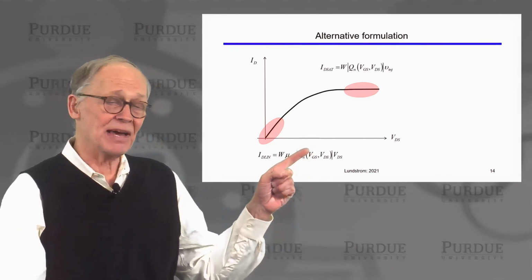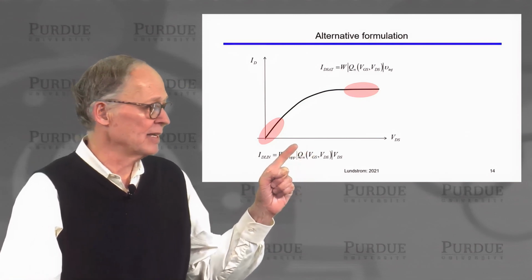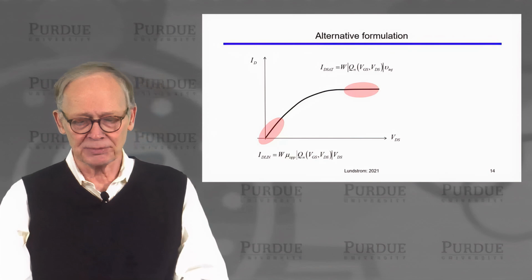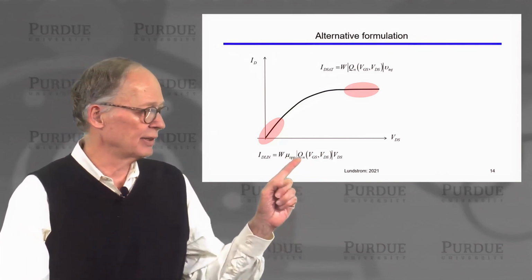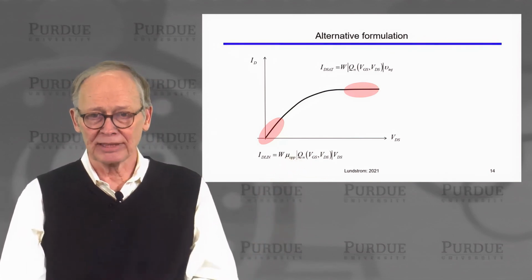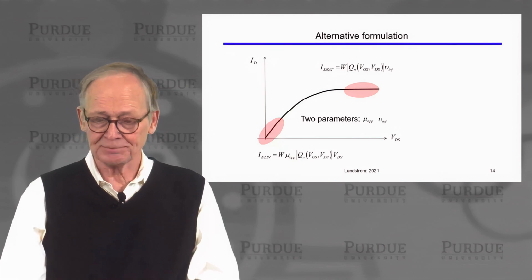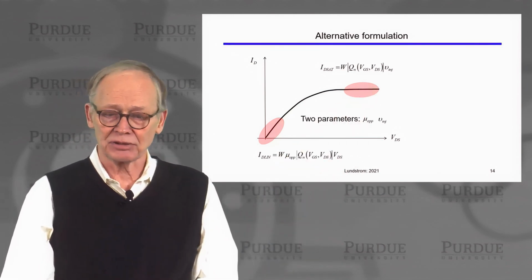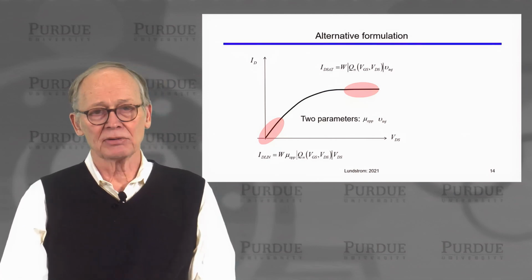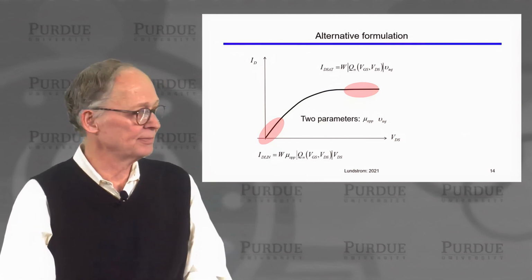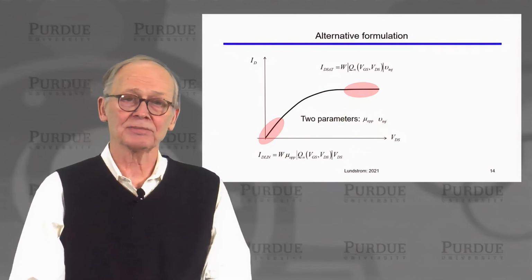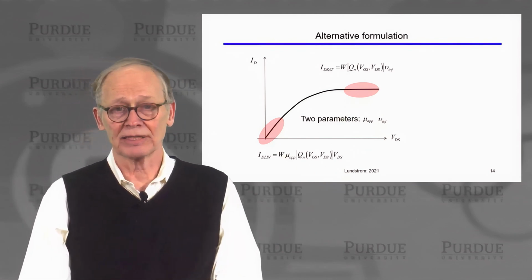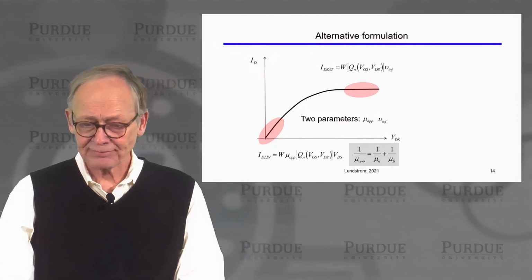Then we saw a mathematically equivalent expression that we could write the linear region current just like the traditional expression, with one difference, an apparent mobility instead of the actual mobility. And we could write the saturation current just like the traditional velocity saturation expression, except that we replace the high field saturation velocity by this quantity we called injection velocity.